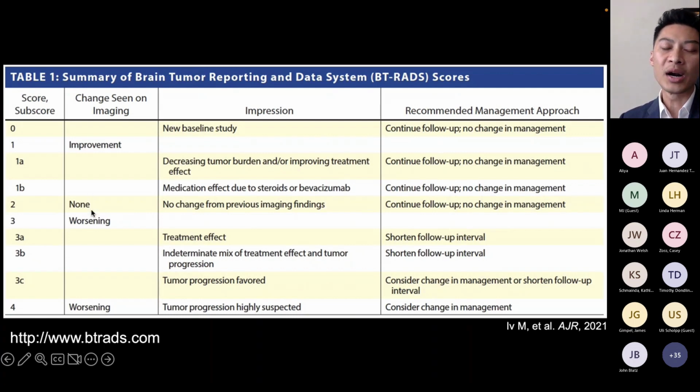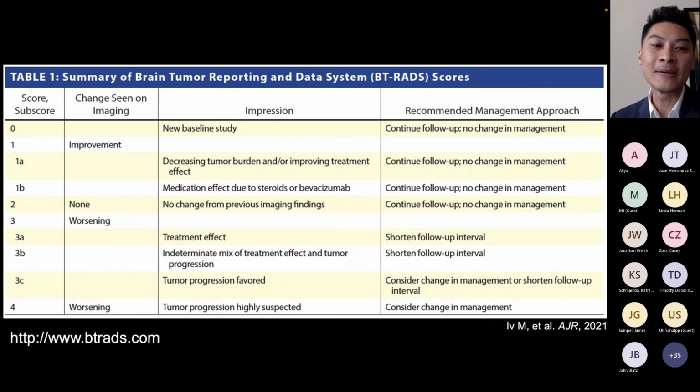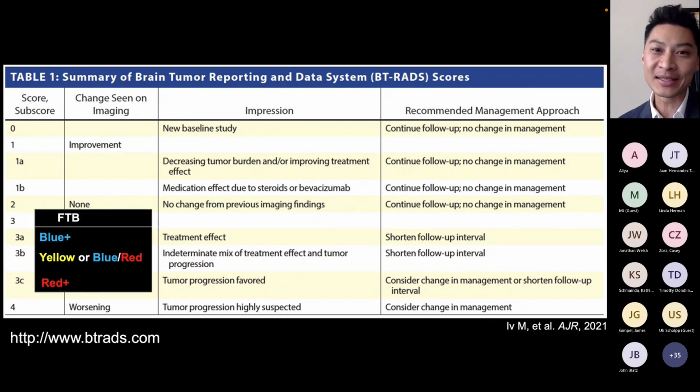But where it gets a little bit dicey is in this 3 category when you have worsening imaging findings, and it can be due to treatment effect, it could be due to tumor progression, or it could be due to an admixture of both, or you just don't know. And we have found that the use of FTB really fits nicely and helps us to define what we're looking at.